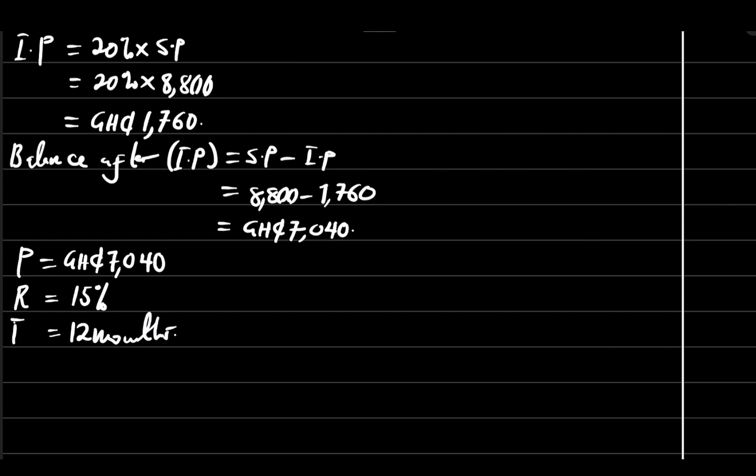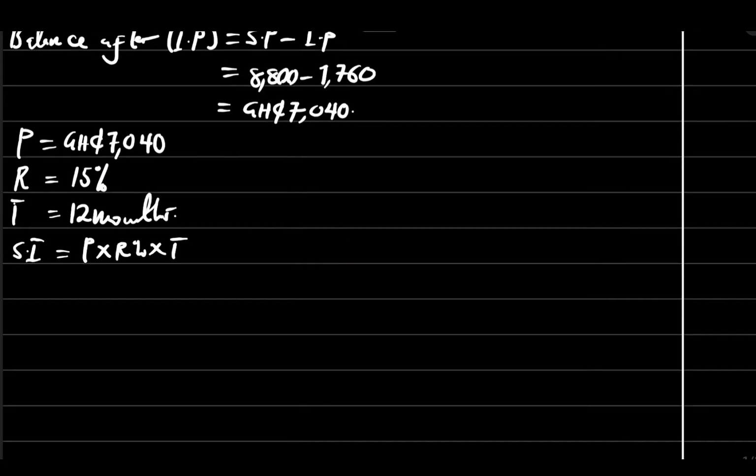So how do you go with a simple interest? We'll say SI, being the simple interest, formula-wise, is principal multiplying rate in percentage, multiplying time. So we have principal, which is the remaining balance, 7,040, multiplying the rate of 15%, and then multiplying time, which is 12 months.